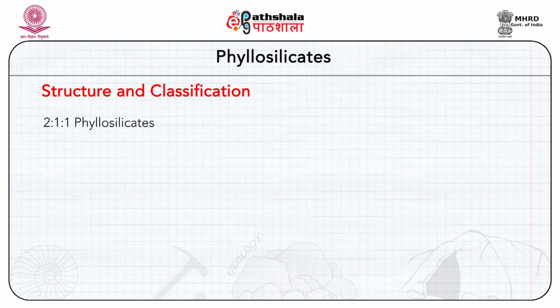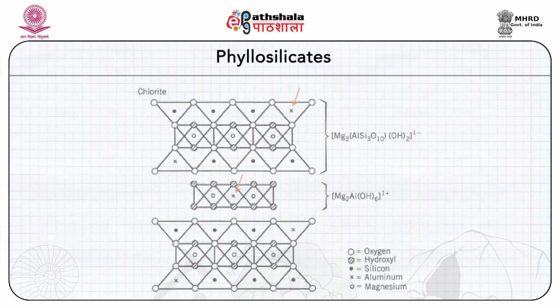Now, we have the third category of layer silicates. We have 2:1:1 phyllosilicates. This structure can be derived by adding an octahedral sheet between the TOT layers. The most common representative of this group is chlorite group of minerals.